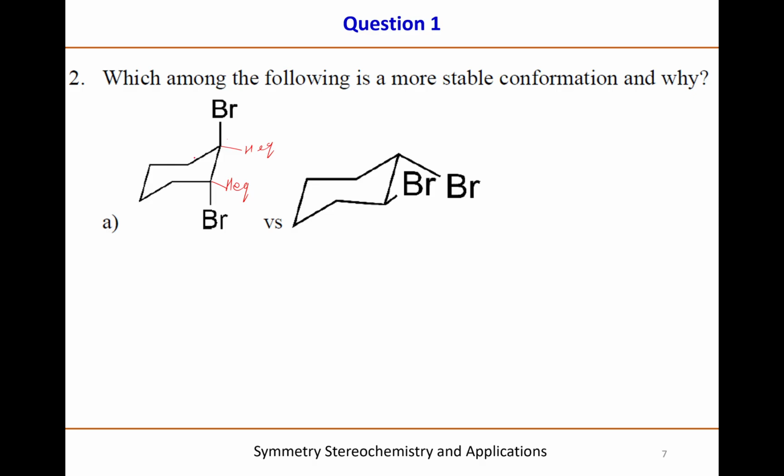Okay, H equatorial. So this is on axial position, and these two bromide ions are on equatorial position. You have to draw the more stable one. So I will draw the Newman projection here by keeping these two carbons as the axis.